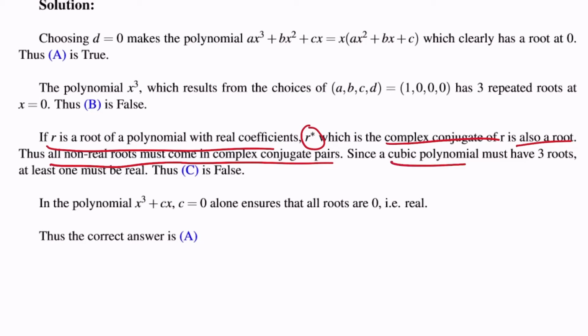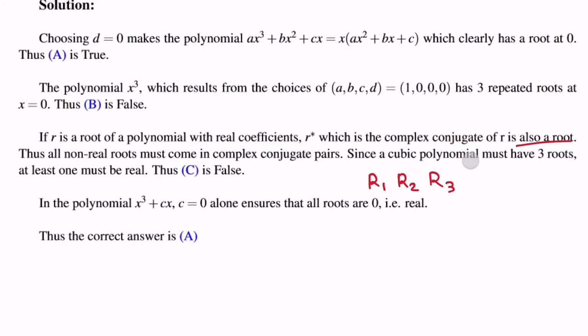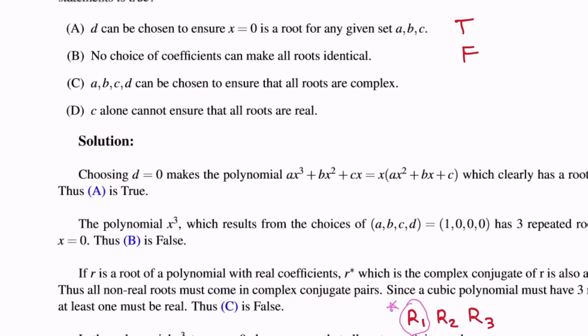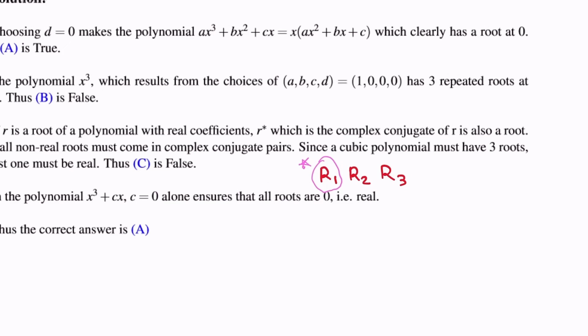So in our case, we have a cubic polynomial. That means it must have at most 3 unique roots. Let's, for the sake of explanation, consider that the roots are unique. Let's say that the root R1 was complex. The goal is to make all roots complex. So let's say root R1 is complex. That means root R2 is its complex conjugate.